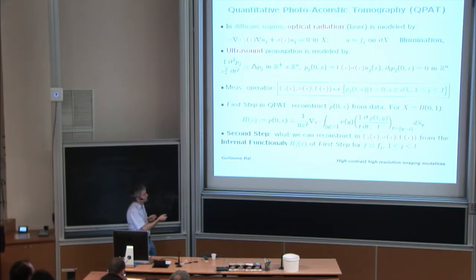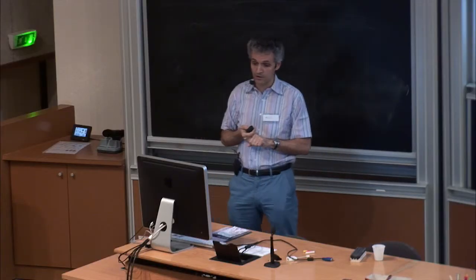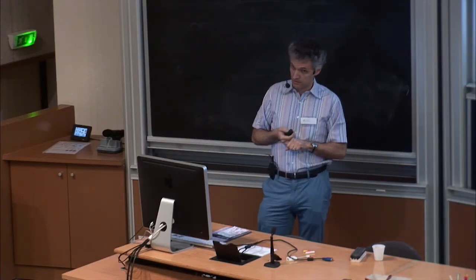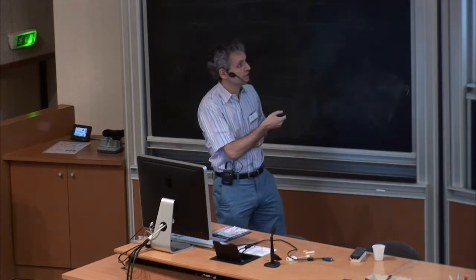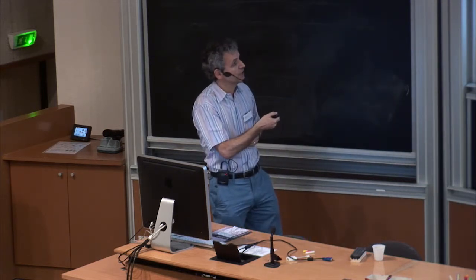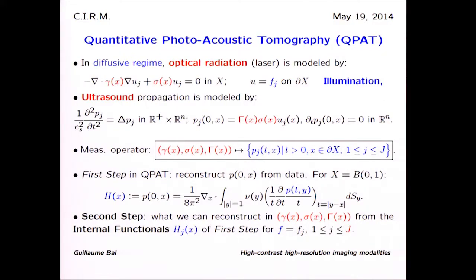The information that we have acquired, we do something to it, which is time reversal and back propagation according to the laws of that wave equation. What we get is our initial condition back. So there's an explicit expression when the sound speed is constant and known that gives us this quantity here, which I will always refer to as H. It's the initial condition for the acoustic pressure.